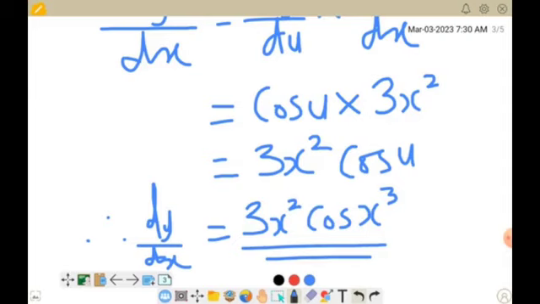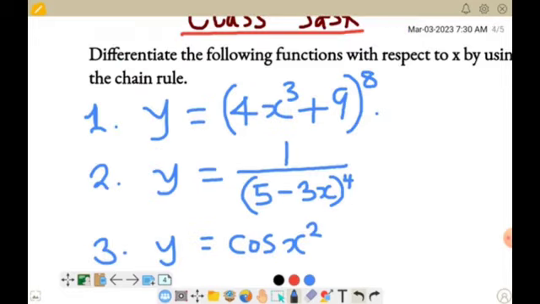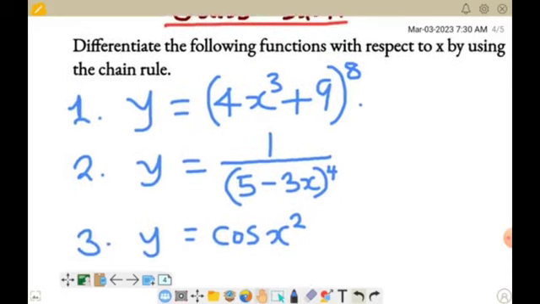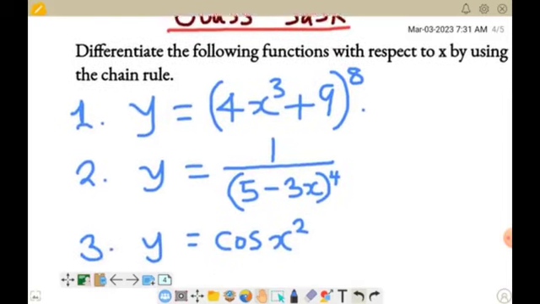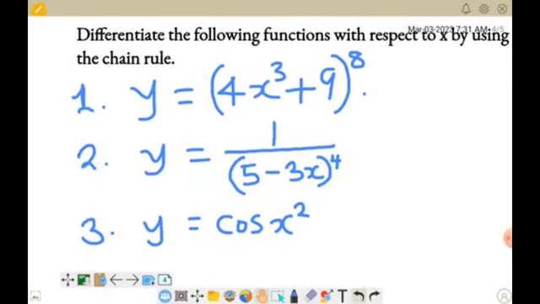I hope you understand. I have a little task for you to do. Here it is. This is a class task. Differentiate the following functions with respect to x by using the chain rule. Number 1, y equals 4x cubed plus 9 all to the power of 8.